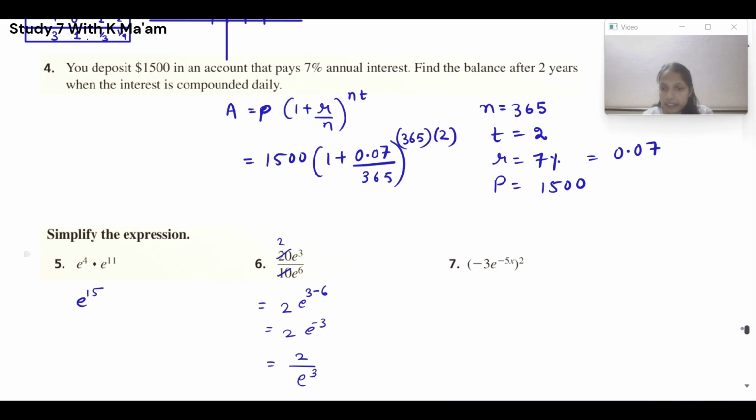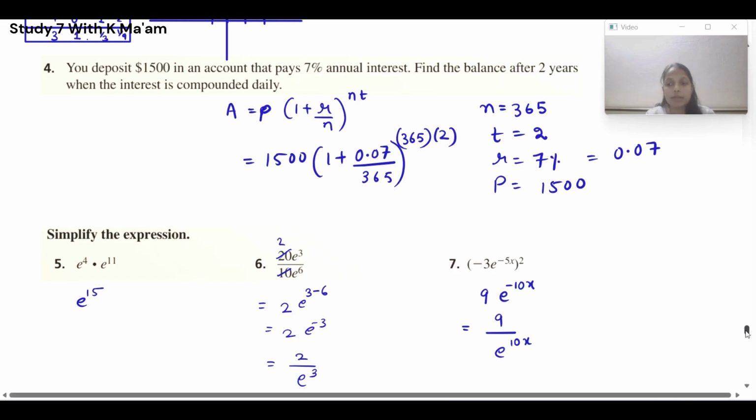Here, -3 power 2. It's 9 e power -5 into 2. It's -10x. You can write this, or you can shift it and write 9 over e power 10x. Sometimes it's mentioned here to write in a positive power. So this is a negative power, and I can write it in a positive power by shifting it to the denominator.